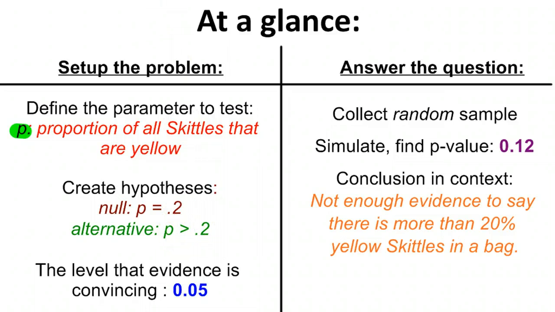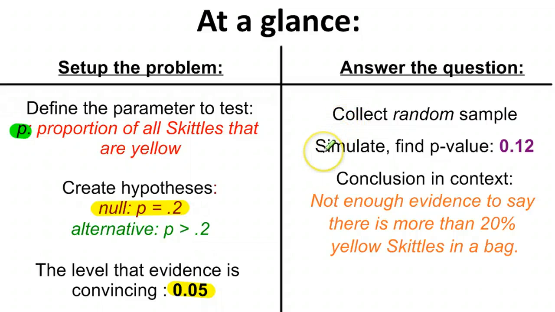We decided that the level of convincing evidence for us was going to be 5%, 0.05 probability. If we saw that the null was less than 5% likely to happen, then we were going to reject it. However, we did not. So we went out, we did our data collection. We collected a random sample. In this case, it was a cluster sample, a bag of Skittles. And we counted up the 108 Skittles in the bag.